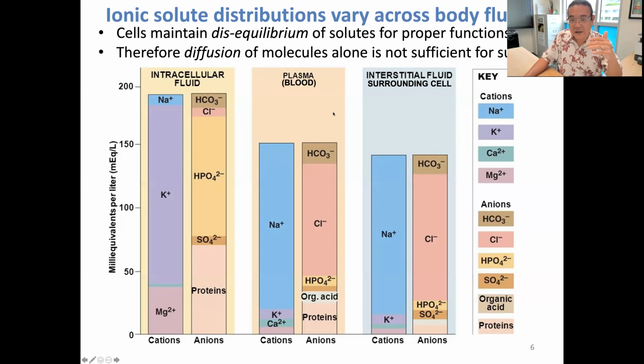The cation and anion composition of our blood plasma is very similar to the fluid that's surrounding our cells. Maybe that's not super surprising. So for the most part, the interstitial fluid and your blood have a very similar makeup. However, those are dramatically different from the makeup of the fluid inside of your cells. In particular, as I mentioned before, inside the cells you have a lot more protein concentrated. And I think you get that, because what have we been talking about?